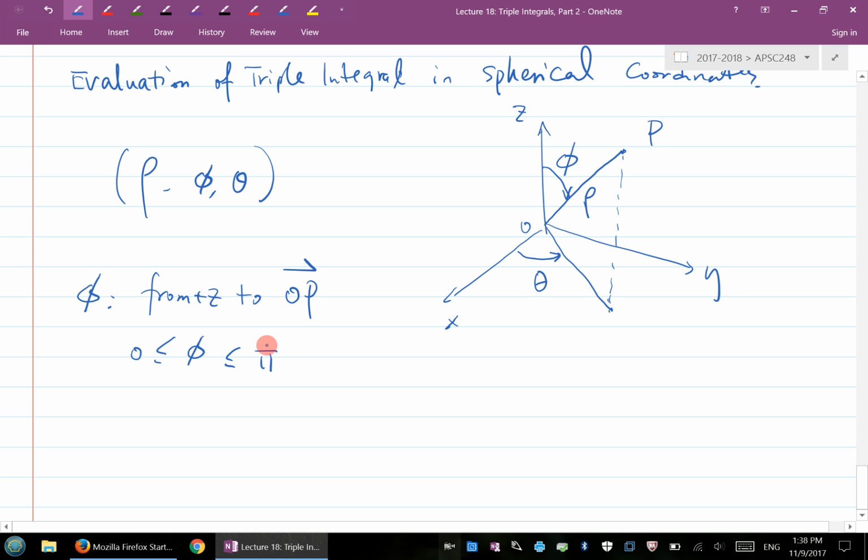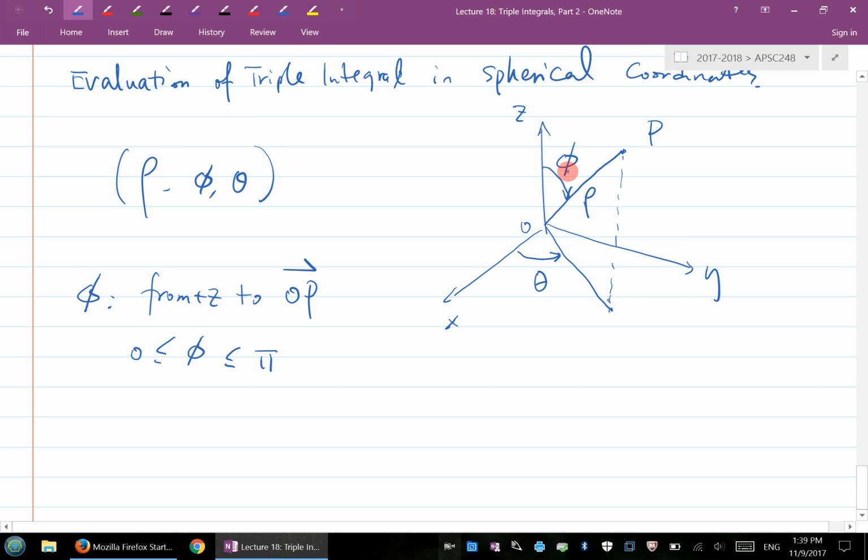There's a reason for that, and I'll show you why. But for now, phi has to be always between 0 and pi. That's the very rigid part for phi, because this is constrained by the way that we're sweeping through the region D, or recreating the region D here.